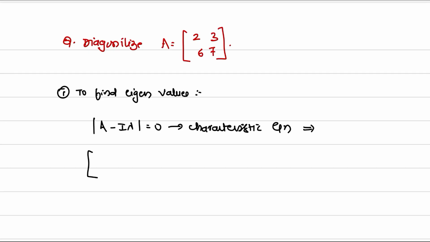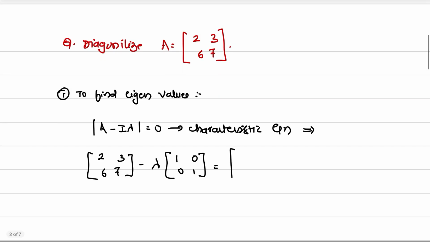From this, we will get the matrix 2, 3, 6, 7 minus lambda into 1, 0, 0, 1. That is going to be the matrix 2 minus lambda, 3, 6, 7 minus lambda.